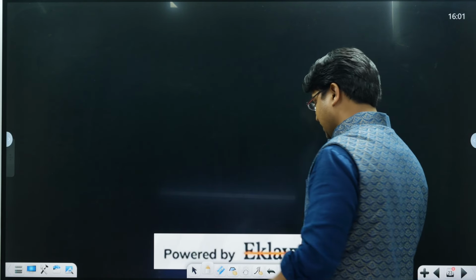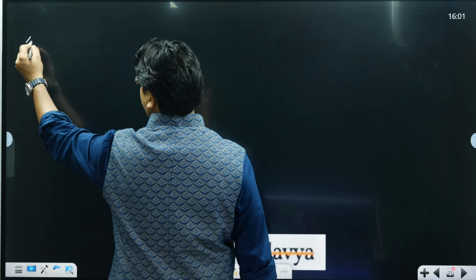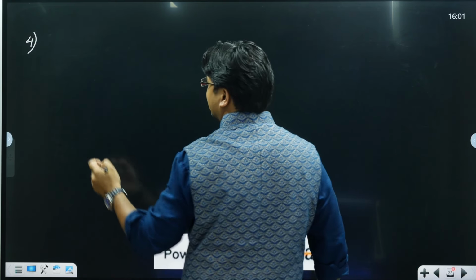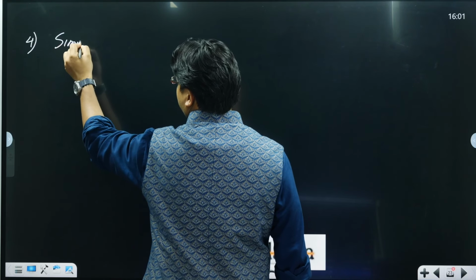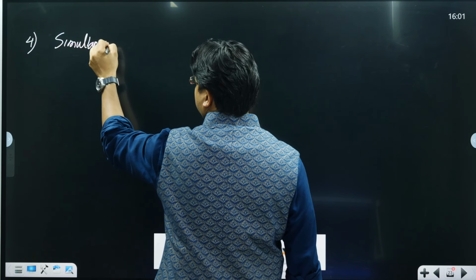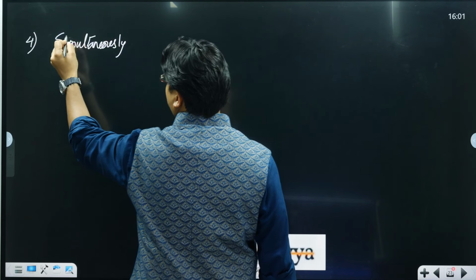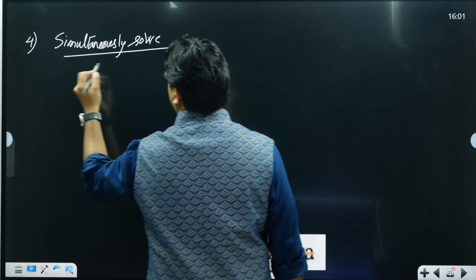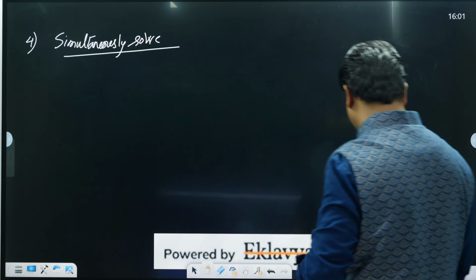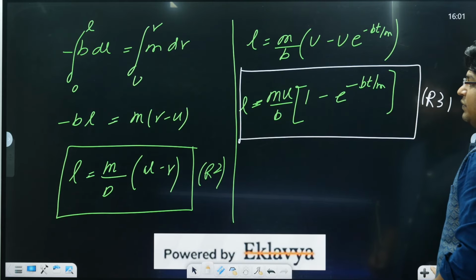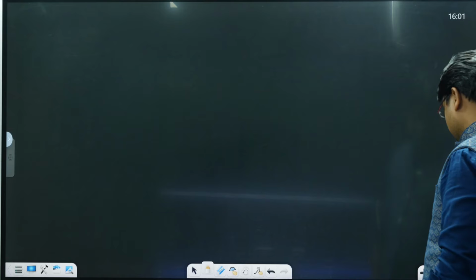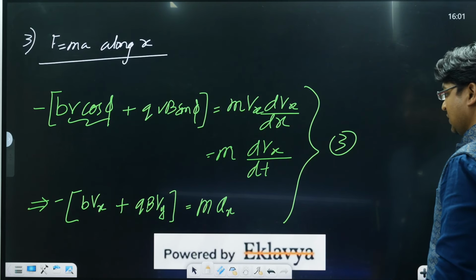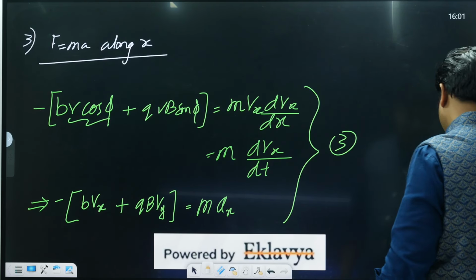Next we are going to write our step 4. Step 4 would be to simultaneously solve the equations that we got from the third and fourth ways, equation number 3 and equation number 4.